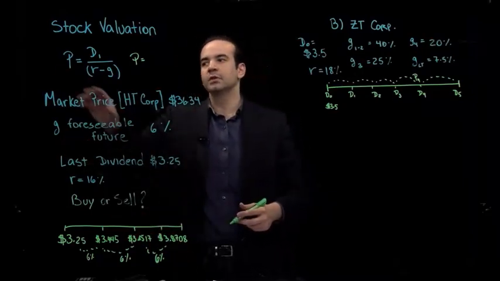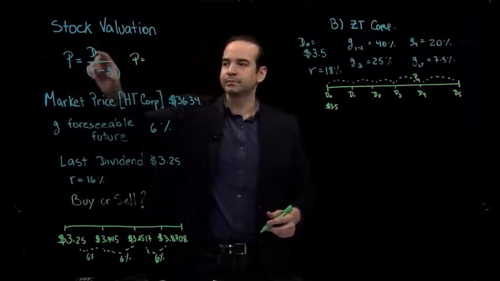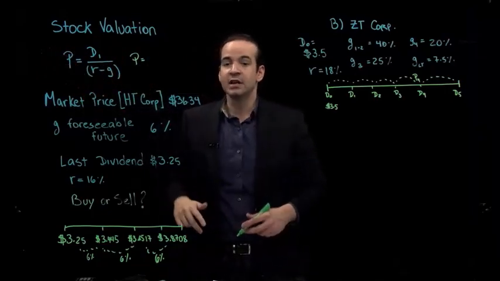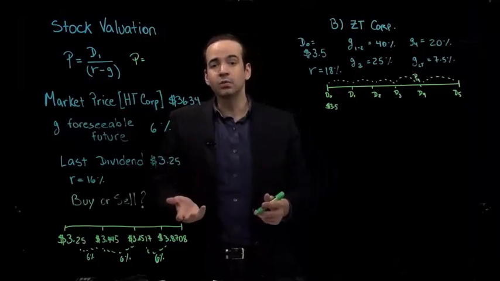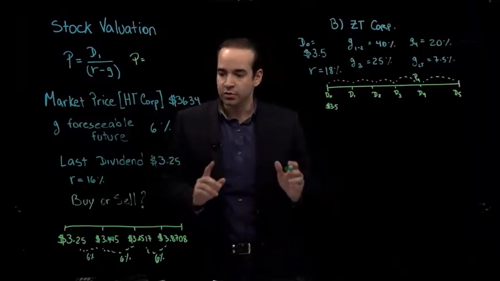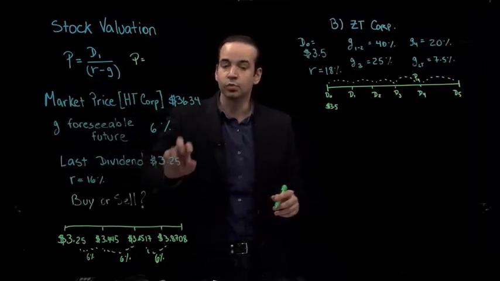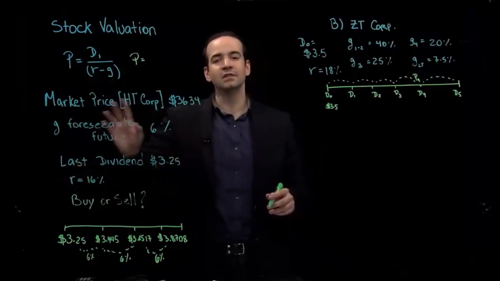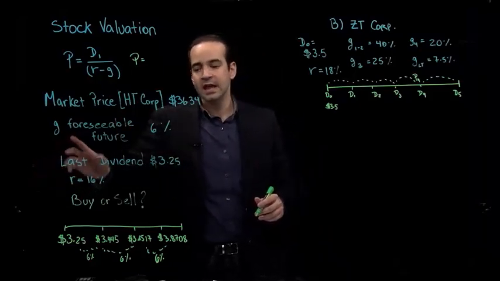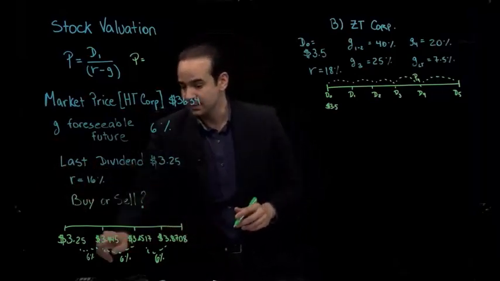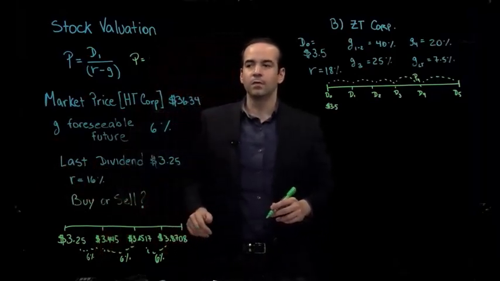What is the concept of this fundamental value? What is the concept of this P0, or the present value of these future cash flows? Now, a keyword is future cash flows. So you cannot include the last dividend, because the last dividend was already paid to the existing shareholders, and so you're not expecting the 3.25, but you are expecting the 3.445.